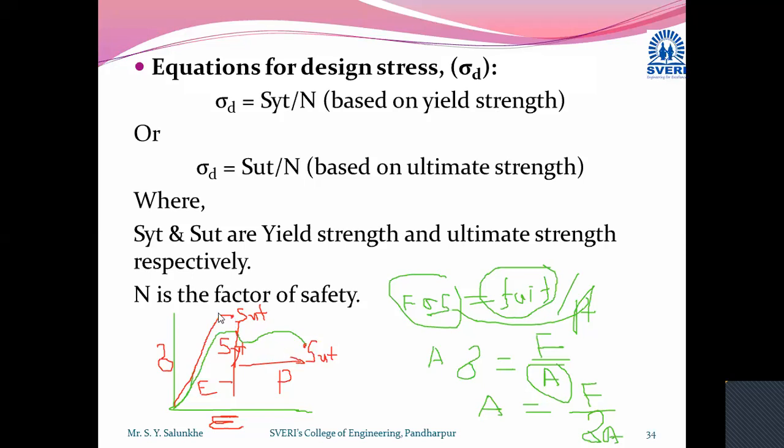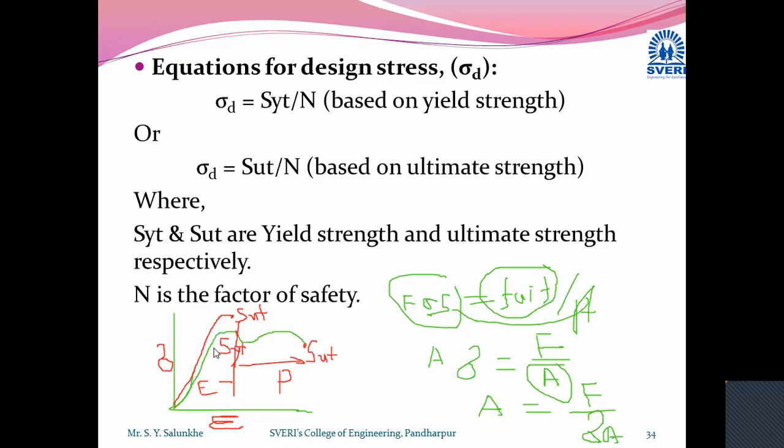Whereas in brittle materials, we don't have any concept of plastic deformation. Directly either it will have elastic deformation or it will fail, that is, the part will be in two different pieces. So in that case, we consider this SUT as the failure criterion. And for ductile materials, we consider this SYT as the failure criterion.